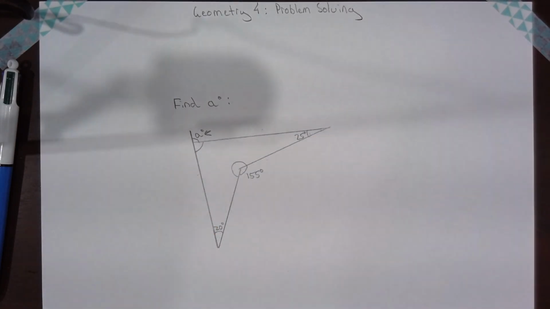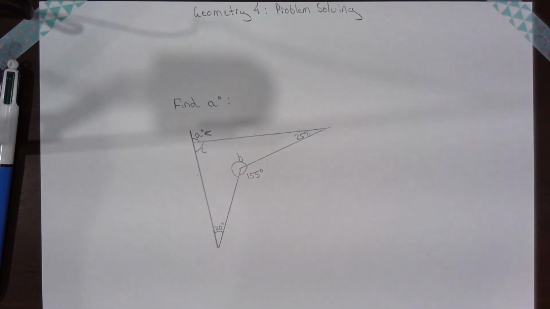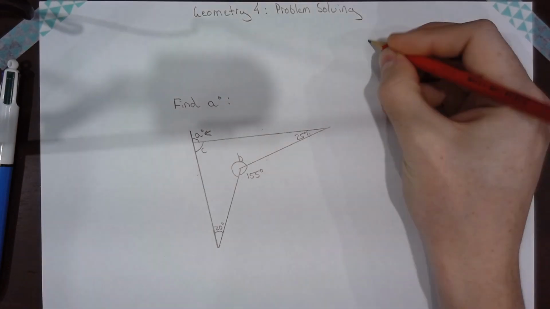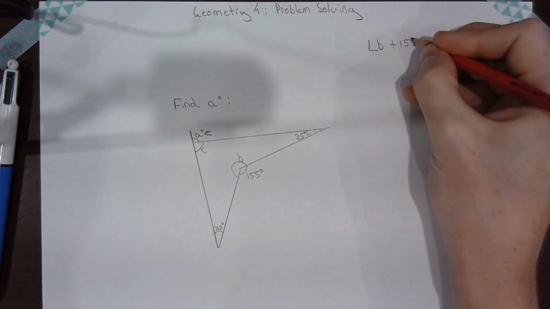We'll call this angle B, and we'll call this angle C, just so we can label them. Now, the first angle that we can find is angle B. So I could say angle B plus 155 degrees equals 360 degrees.